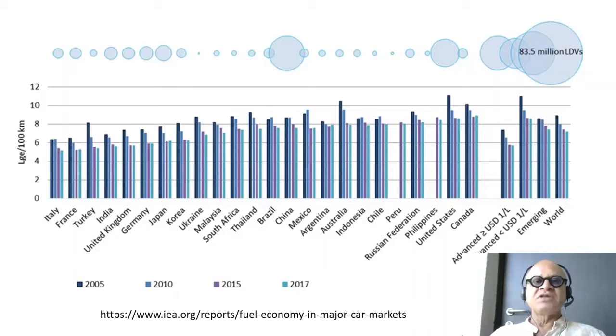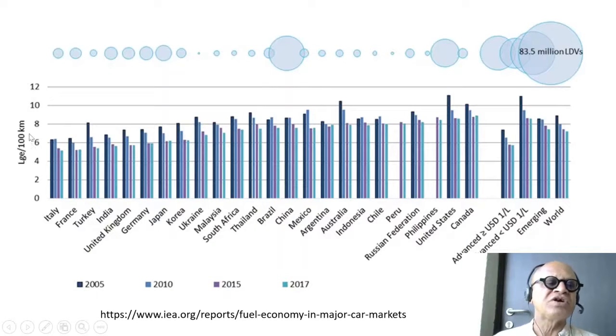Size is big. Their fuel efficiency is typically lower compared to a small car, obviously compared to a hybrid car, for example. Everywhere, the liters of gallon equivalent per 100 kilometers have gone down over time. That's the good news. But is that enough?